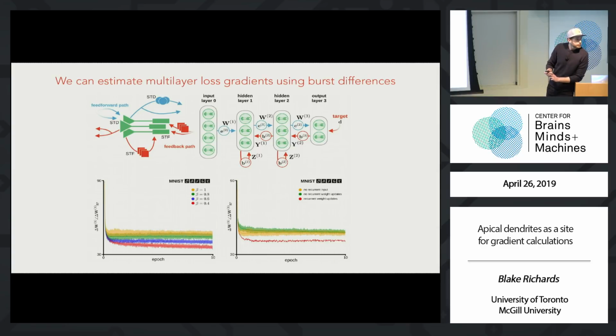Could you just very quickly elaborate? It's not clear to me what kind of information each layer has. So initially you said with this burst rate, event rate, it's possible that each unit in each layer knows what the target error.